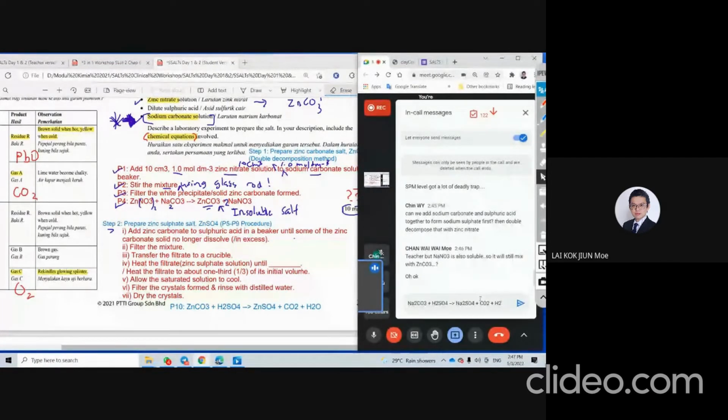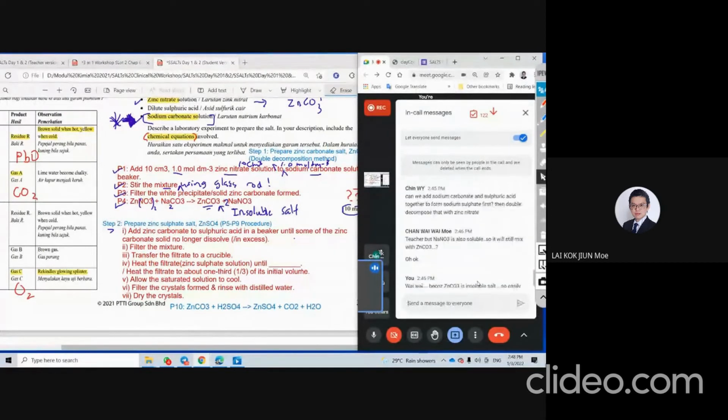Ting, is it like this? Ting, can you help teacher to balance it? Na2CO3, H2SO4, is it balanced? Oh yeah, you've got another problem also. Na2SO4 is soluble.